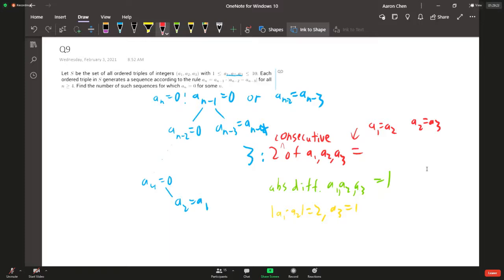So when A1 is equal to A2, there's a total of 10 times 10 ways to do this. And similarly for A2 is equal to A3. And the total number of ways to choose A1, A2, and A3 such that A1 is equal to A2 is equal to A3 is 10 times 10 times 2 minus 10, which is 190.